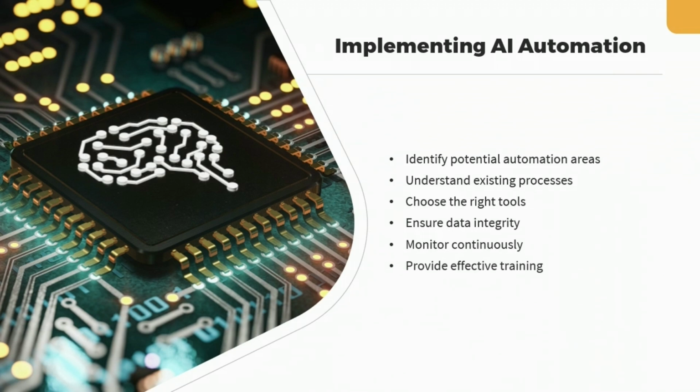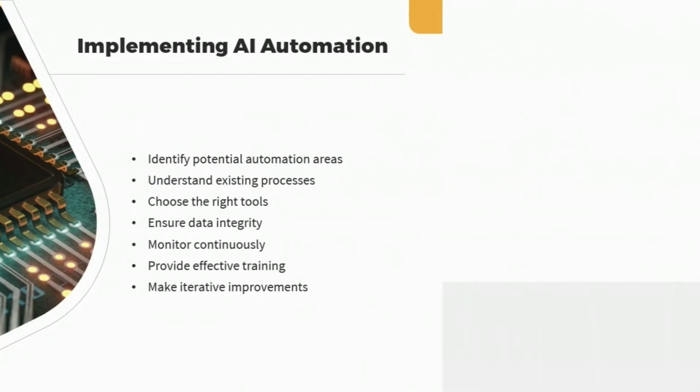Organizations also need to offer training and support to employees to ensure that they have the necessary skills and knowledge to use and maintain the automated systems effectively. Another thing organizations need to do is continuously refine and optimize automated processes based on feedback, performance data, and changing business requirements to drive continuous improvement and innovation.